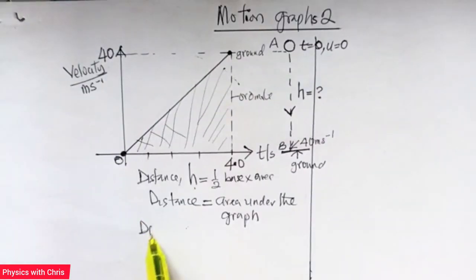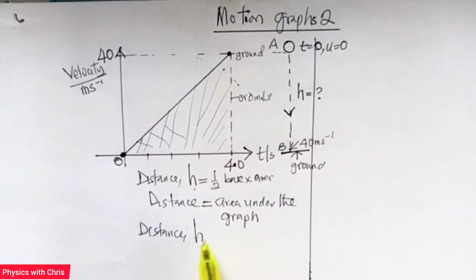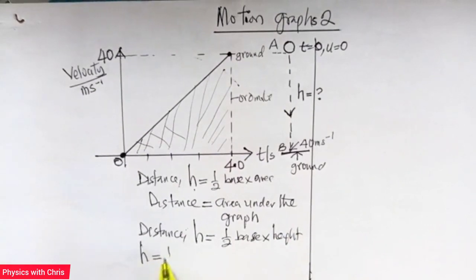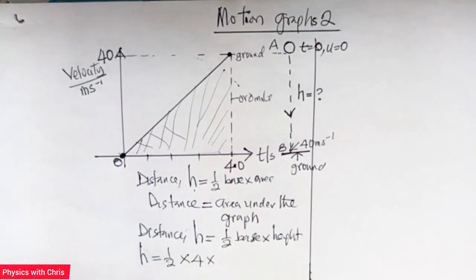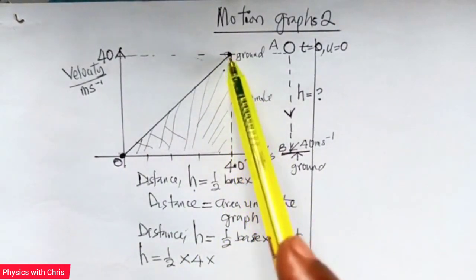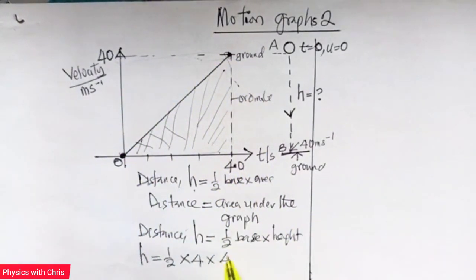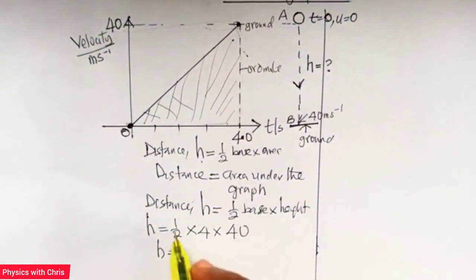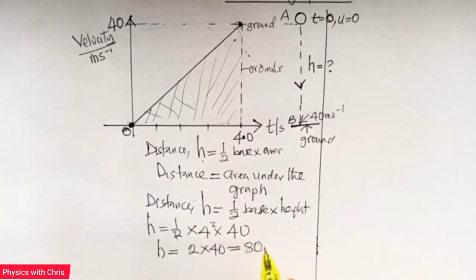That is, h equals half times the base, which is the time, that is 4, times the height, which is the velocity, 40 meters per second. So the height fallen by the body will be given by 2 times 40, that is 80 meters.